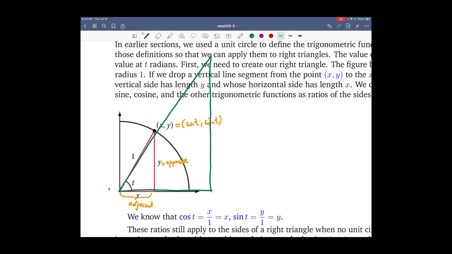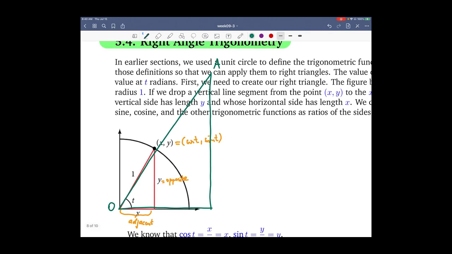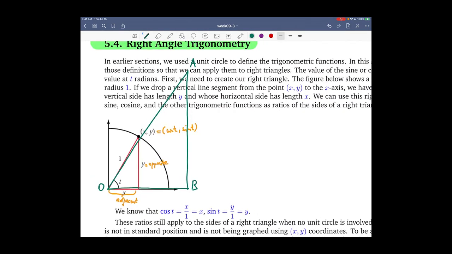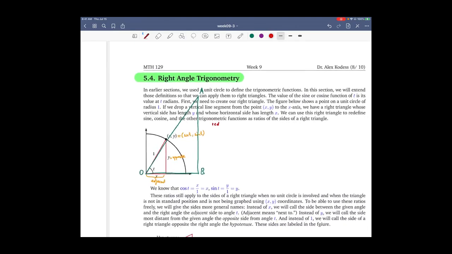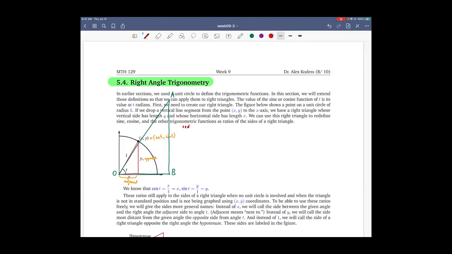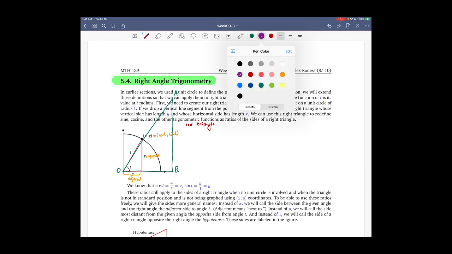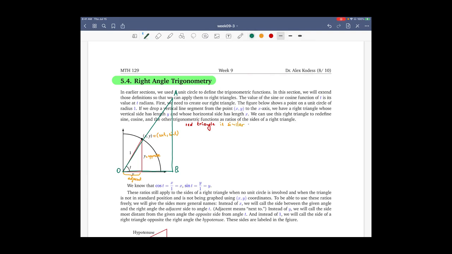And say this point is O, this point is A, and this point is B. Now, by construction, the red triangle is similar to the green triangle, and we can therefore write ratios of corresponding sides.